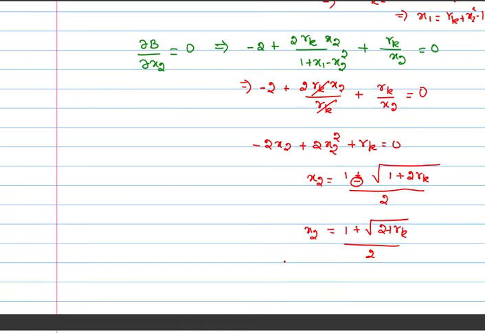So this is the key. Now what about x1? x1 equal to rk plus x2 square, so 1 plus square root of 1 plus 2 rk, divided by 2, the whole square, minus 1.